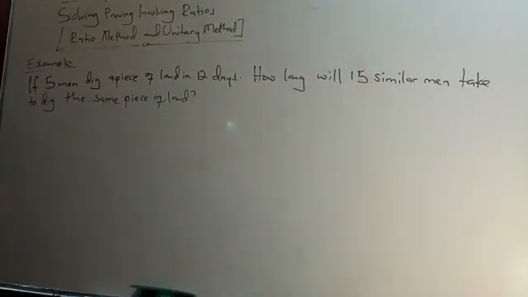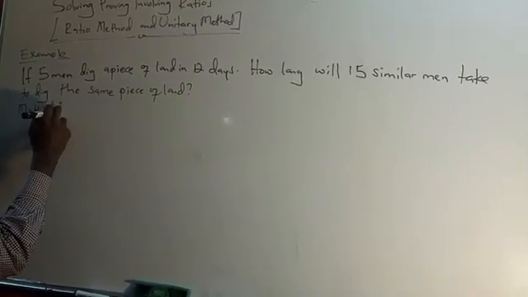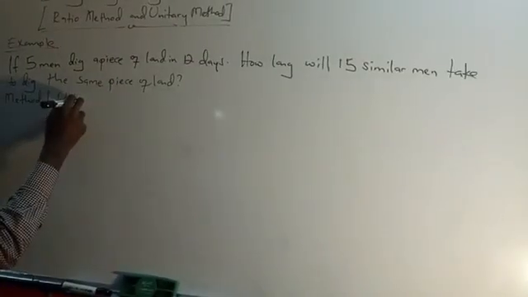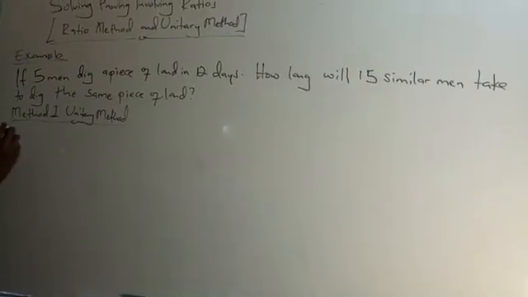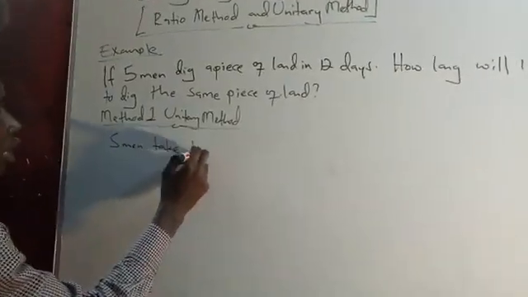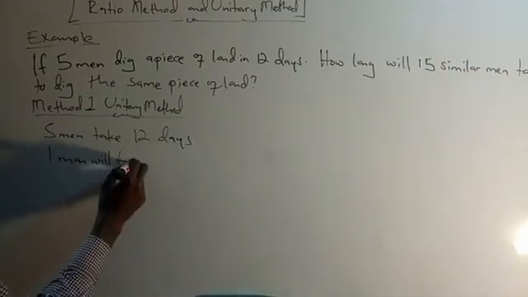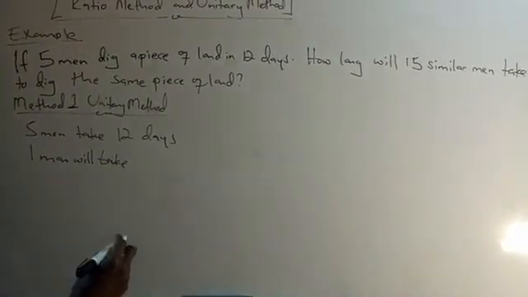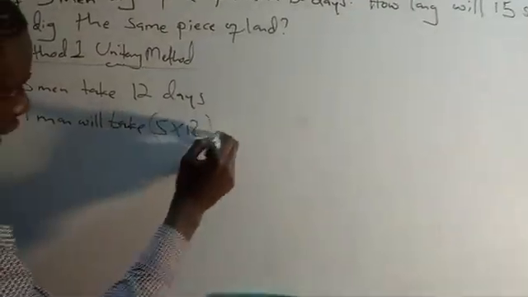So by method 1, which is the unitary method, they say that 5 men take 12 days. So 1 man will take 5 times 12 days.